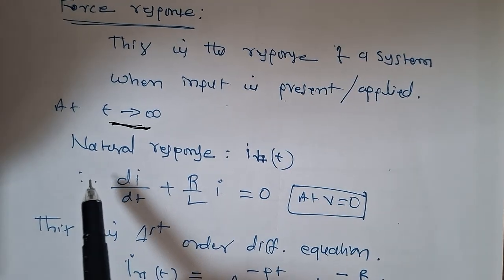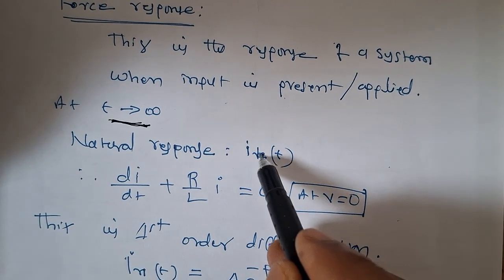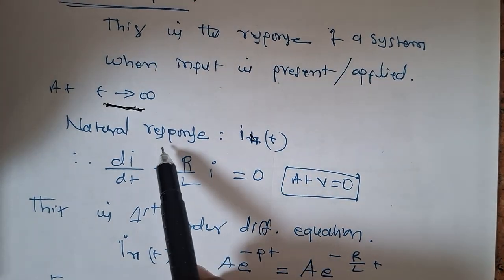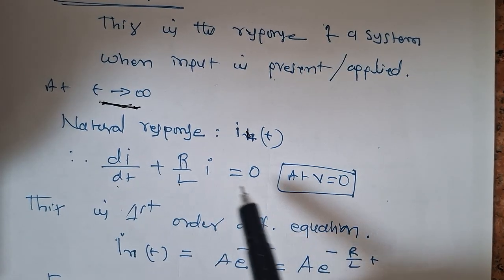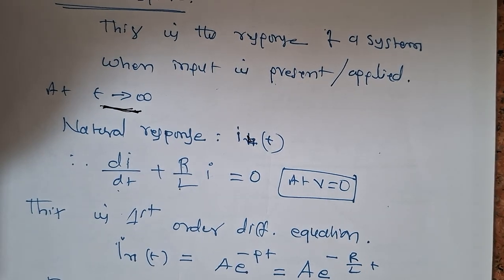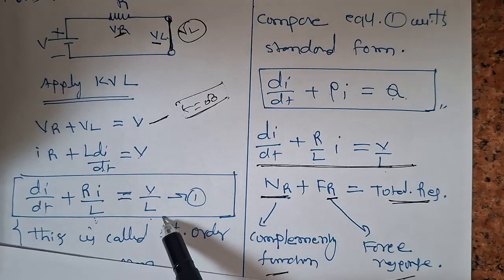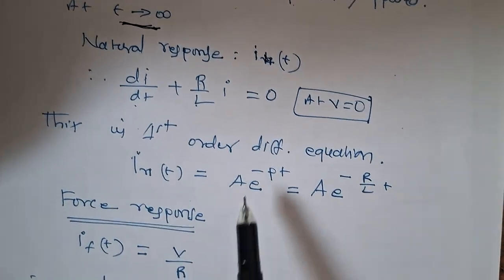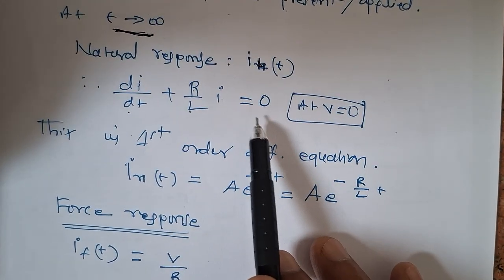Okay, so the natural response is equal to I L of t. Natural response: apply the natural response to the first order equation, di by dt plus R by L I is equal to V by L. So this is the first order equation. See here, the input voltage becomes 0. So therefore the right side is equal to 0.